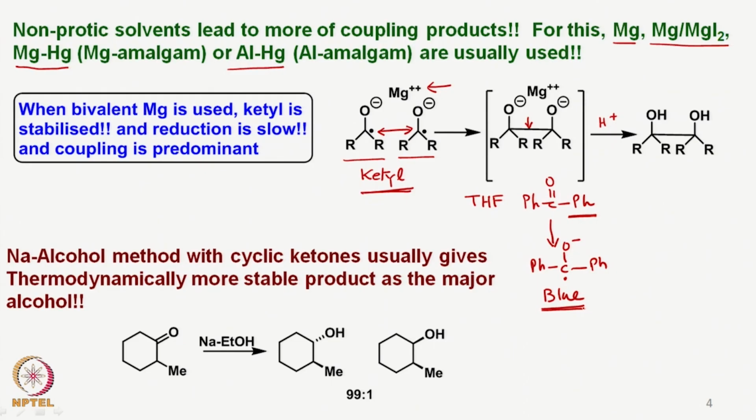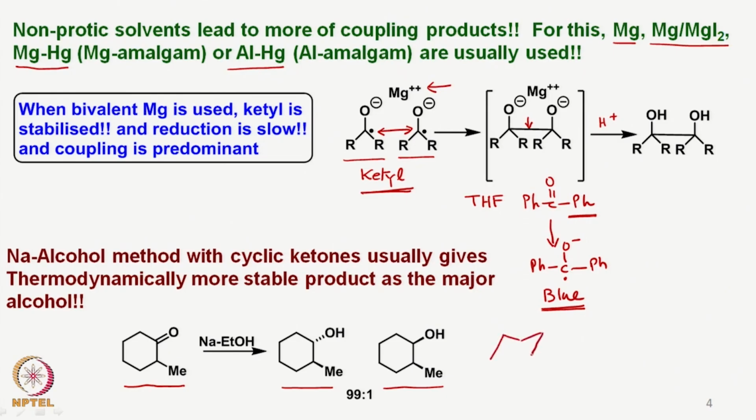Now sodium and alcohol reduction with cyclic ketones is also very interesting, because if you have a cyclic ketone like 2-methylcyclohexanone and react it with sodium and ethanol, we can see that there are 2 possibilities. One is the trans product and the other is the cis product. So the trans product is formed in 99% and of course the other one is formed in 1%.